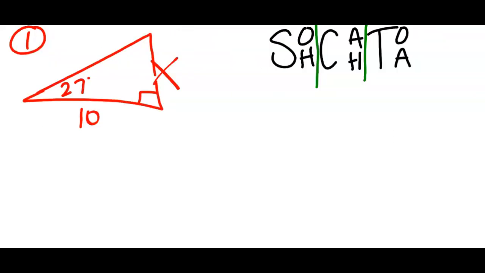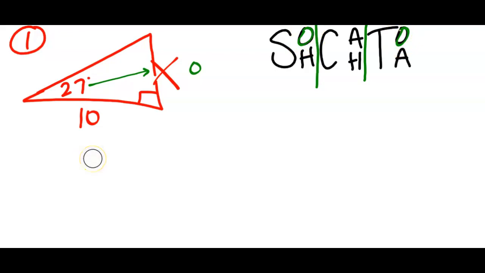Well, when I have a triangle that looks like this, I need to look at what I know. And what do I know? Well, I know that my 27 is what of my x? It's my opposite, okay? All right, so I could be considering either sine or tangent because I know my opposite, or rather I'm trying to find my opposite.